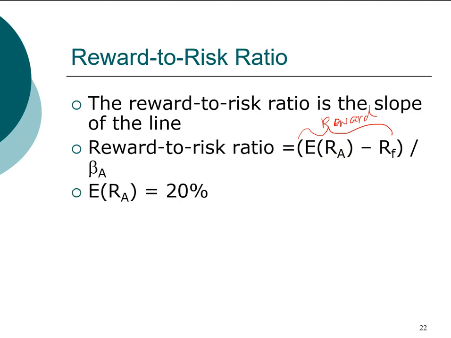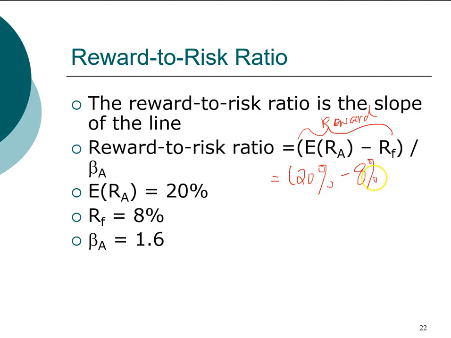In our example, the expected return on the stock was 20%, the risk-free rate was 8%, and the systematic risk was 1.6. So the reward to risk ratio in our particular example is 20% minus 8% divided by 1.6. So it has a reward to risk ratio of 7.5%.